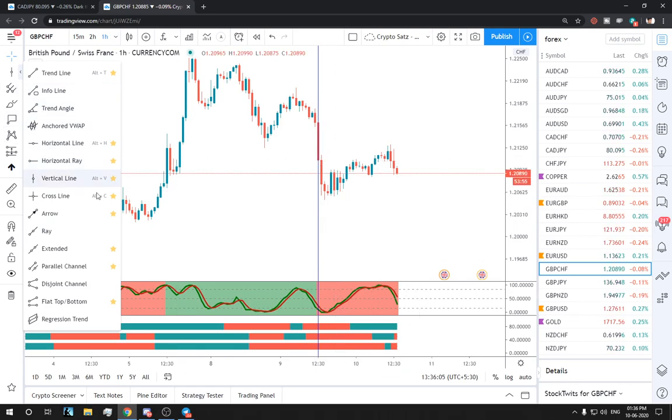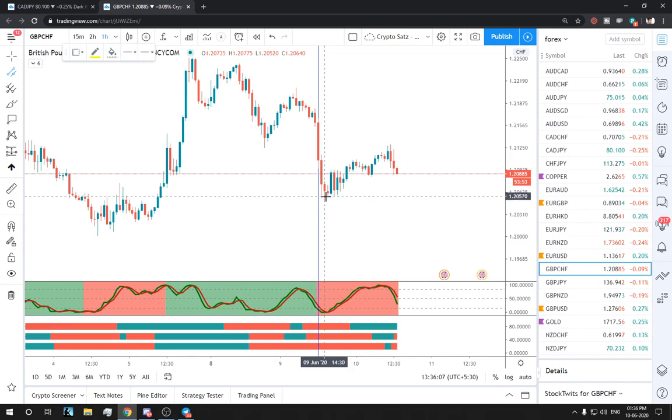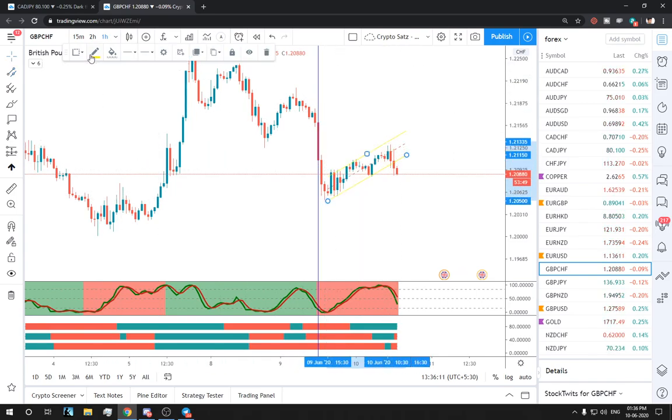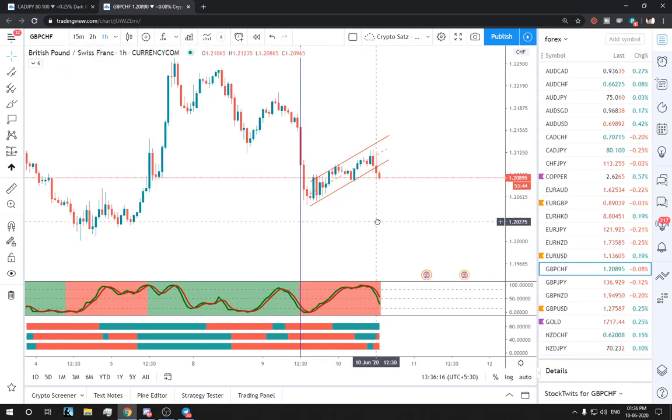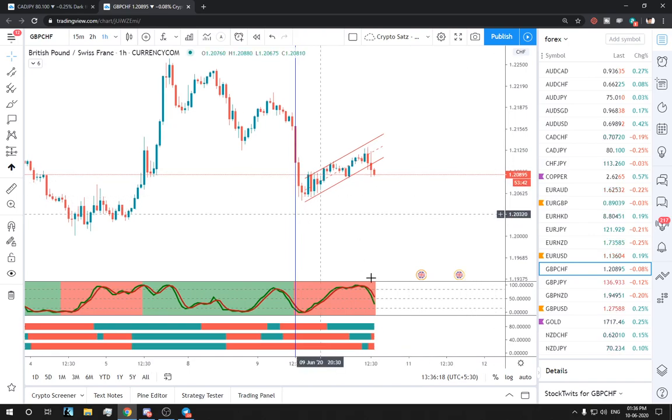So I'll show you a trade setup on this. See this, guys, we have a nice bear flag, breakout done, breakdown done, and we are about to get the red short signal. So you can take this trade.